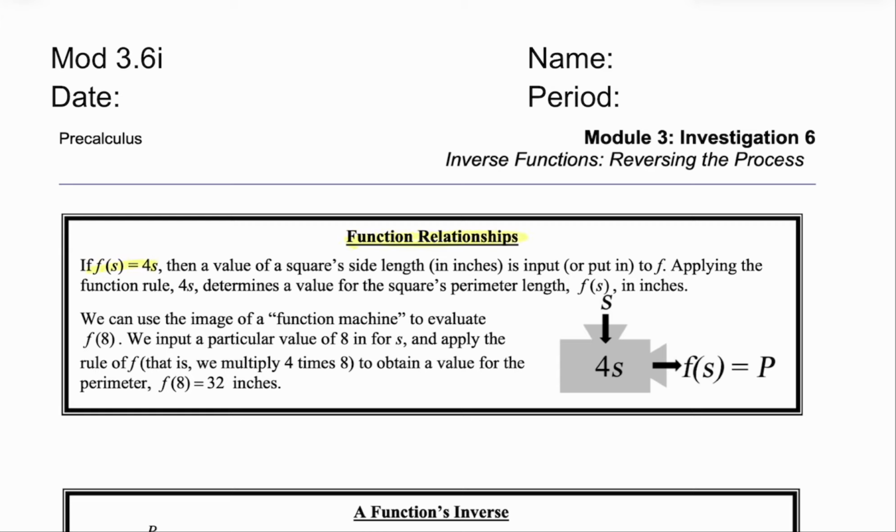So if you have some function rule here, it's the perimeter. We can think of the input goes into that rule, that machine, and our output is our perimeter, or our f of s. So that's just reminding you that if our input is 8, we do 4 times 8, we get 32, and that would be the perimeter in inches.